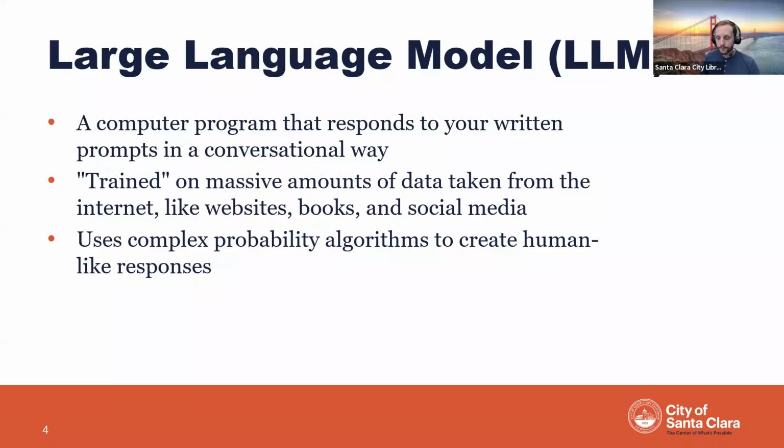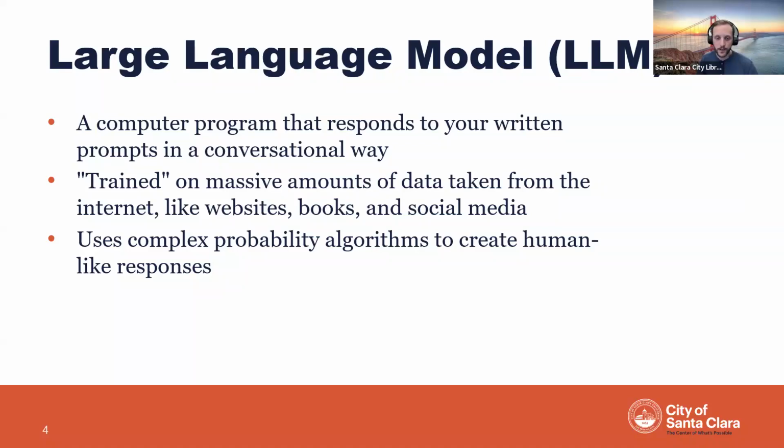And the way it does that is the people who program the large language model, they train it, so to speak, on a huge amount of data, and that's typically stuff that they're taking off of the internet. So websites like Wikipedia, social media, so sites like Reddit, Facebook, Instagram, basically anything that's publicly available that they think will be helpful for their program to have at its disposal when it's writing responses back to you is what it's trained on.